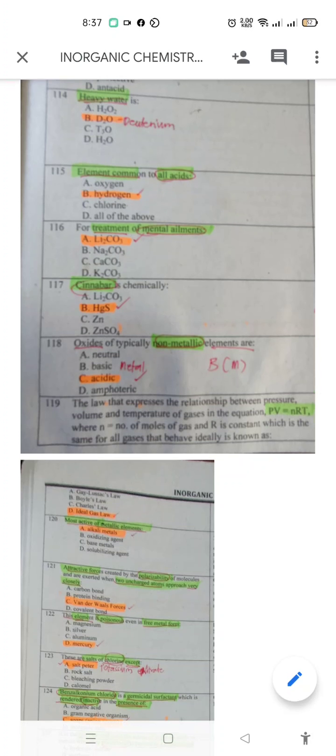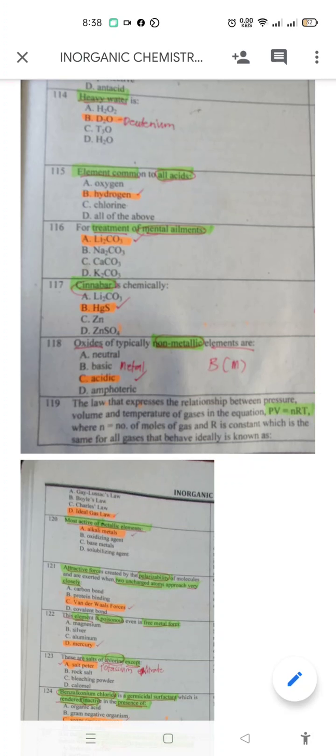If the question here is oxides of metallic elements, that is basic. So always take note of the differentiation. Oxides of typically non-metallic elements are acidic, and oxides of metallic elements are basic.